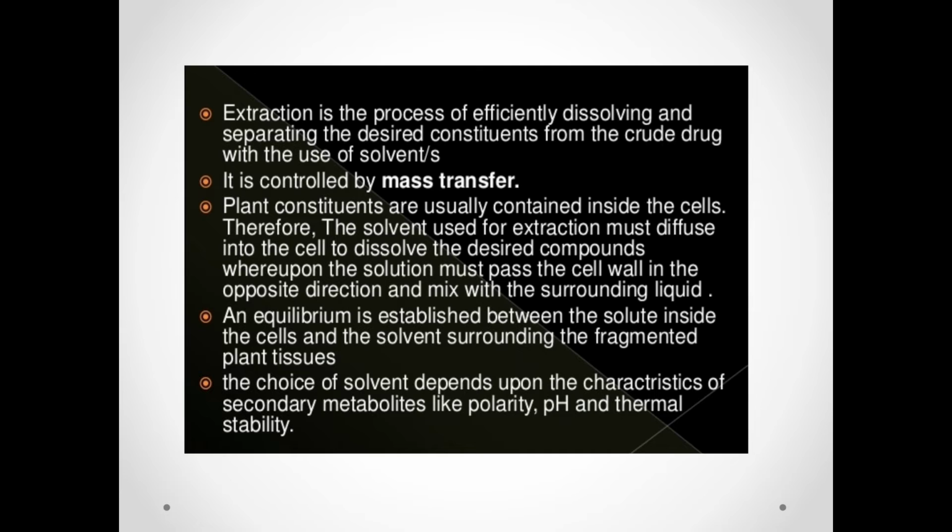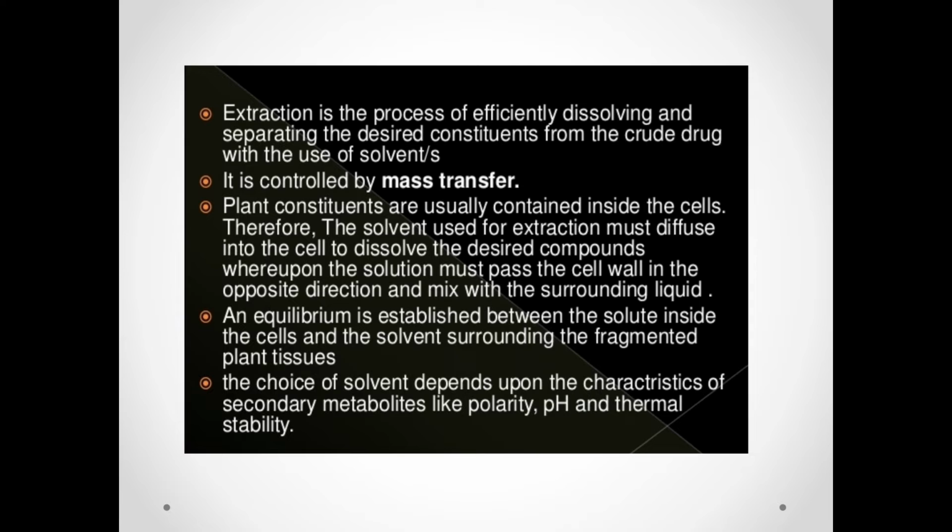The next slide is related to the extraction principle. Extraction is the process of efficiently dissolving and separating the desired constituents from the crude drug with the use of solvents. It is controlled by mass transfer. Plant constituents are usually contained inside the cells, therefore the solvents used for the extraction must diffuse into the cells to dissolve the desired components, whereupon the solution must pass the cell wall in the opposite direction and mix with the surrounding liquids.